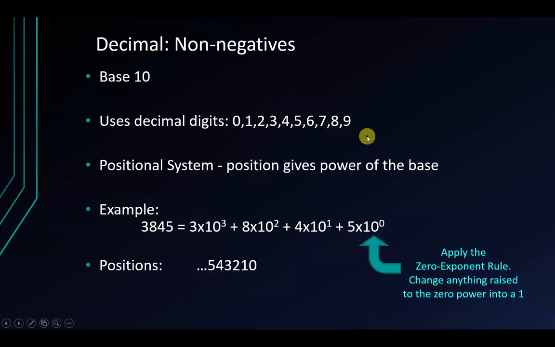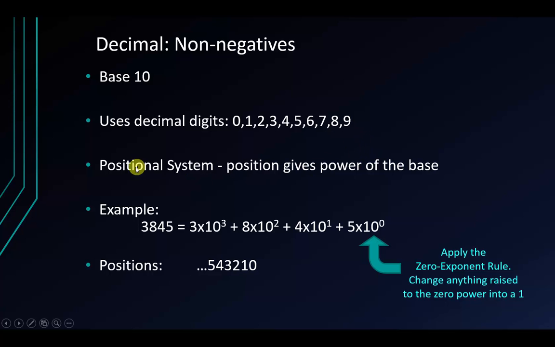So when we look at the decimal base 10 system, which is what we use on a daily basis, and we narrow our focus only to the non-negative, or positive, if you prefer, numbers, just to keep things simple. We call it a base 10 system because it has 10 digits, and those digits are 0 through 9.